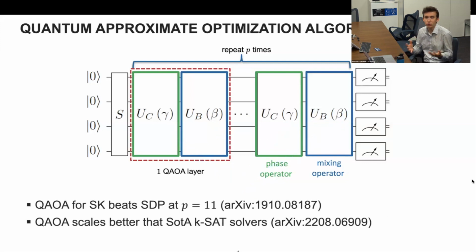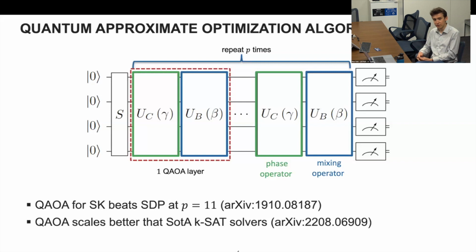Now, why would we want to study QAOA? First, it's one of the few quantum algorithms for solving optimization problems, so that's already something. But also, there's a number of preliminary evidence showing that it performs rather well on certain problems. So, for example, for SK, it outperforms semidefinite programming relaxation at p equals 11.